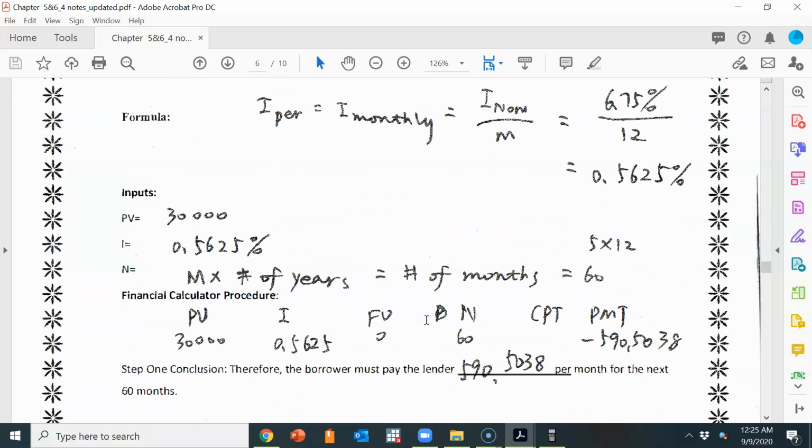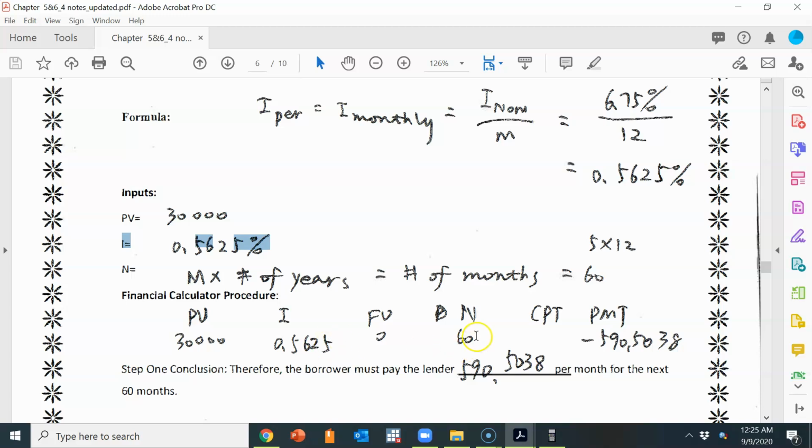So the values that we're going to input in the financial calculator: the present value is the current loan amount, 30,000. The interest rate should be the monthly rate. Instead of putting the annual nominal rate, we should input the monthly rate, 0.5625 in the calculator.